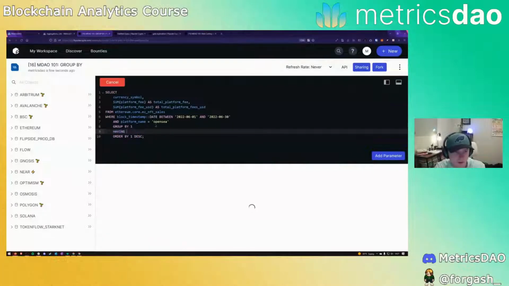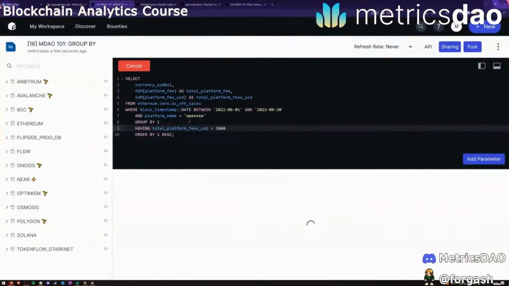That is not how you spell it. There we go, having, and then it works very similarly to where, in which I could say total platform fees USD. Let's say anything greater than $1,000 is all I want to have returned.